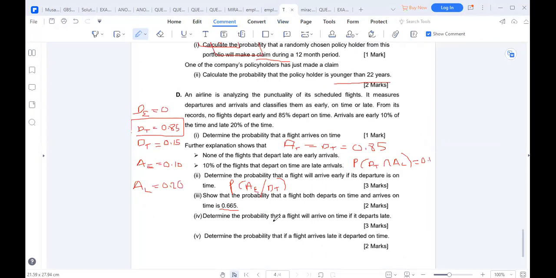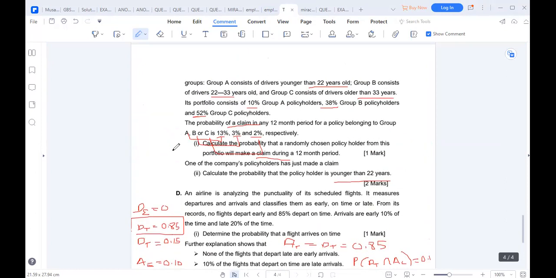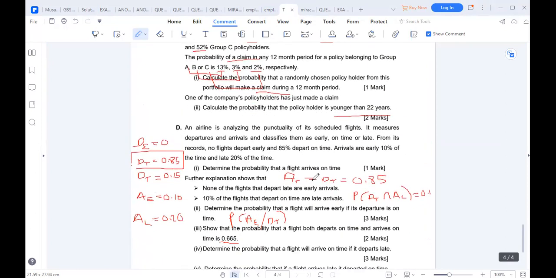Then also determine the probability that it will arrive on time if it departs late. So the probability that it arrives on time if it departs late. Because if it departs on time, it is 85%, so departing late, it will be 15%.